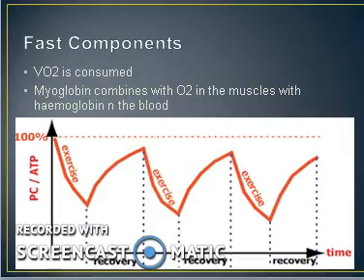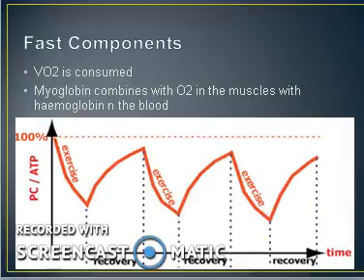So the fast component, or alactacid component, is about the resynthesis of myoglobin, hemoglobin, and ATP-PC stores. More oxygen is consumed to resaturate myoglobin and also hemoglobin.